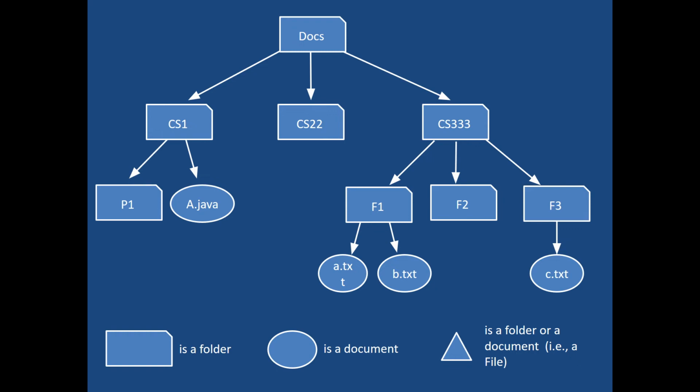What's the size of the largest file in the whole tree? Or if we call the size of the folder the number of things it contains, which folder contains the most things? Or we could ask, what's the depth of the tree? What's the longest path in the tree, just like for the pedigree tree. So lots of things we could ask.